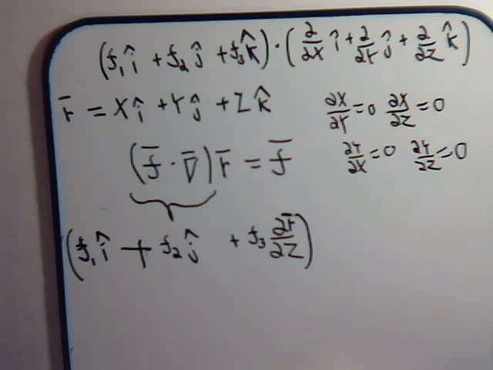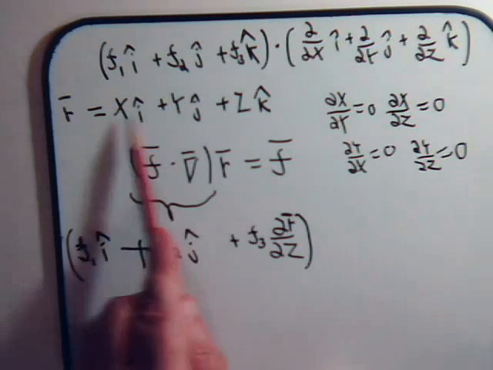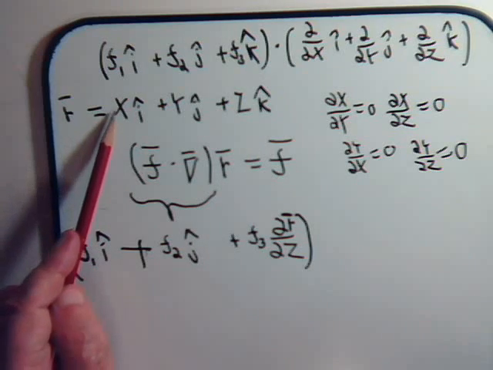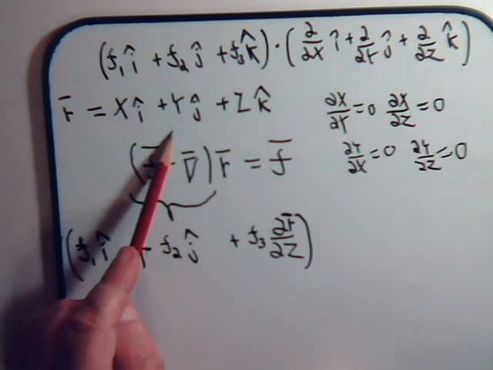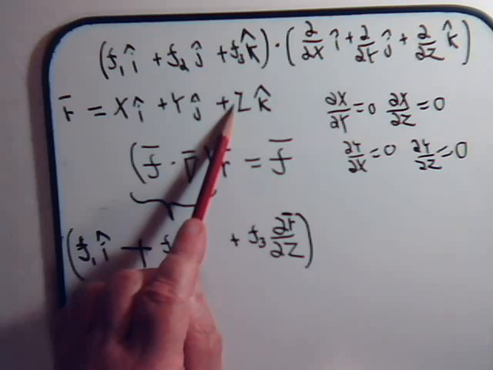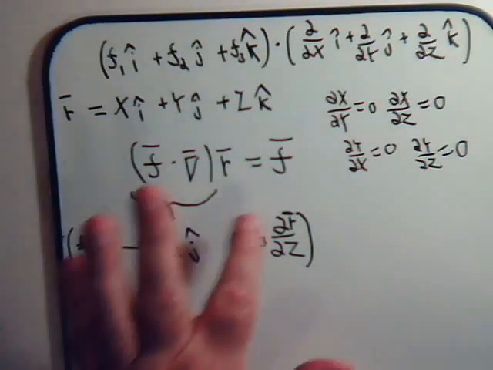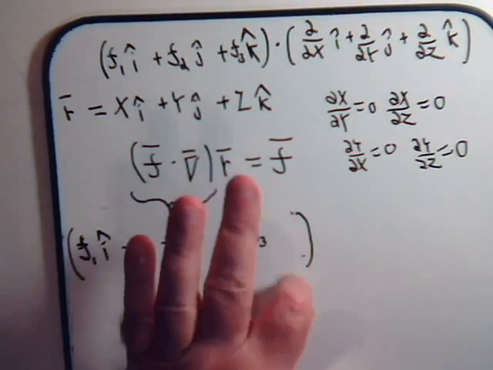And likewise, when we take the partial of the position vector with respect to z, that's going to be 0, that's going to be 0. The partial of z with respect to z is 1. That gives us the k unit vector.